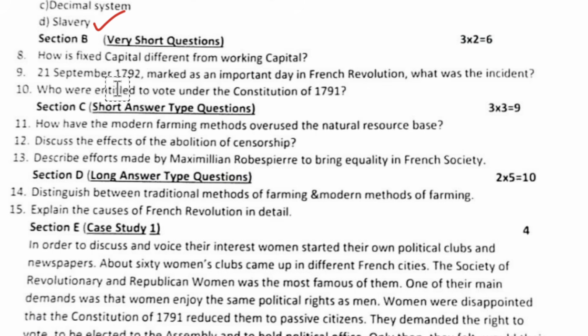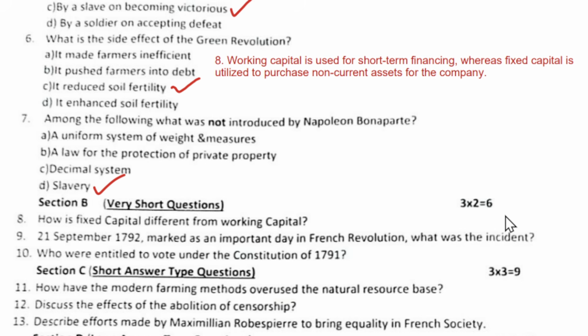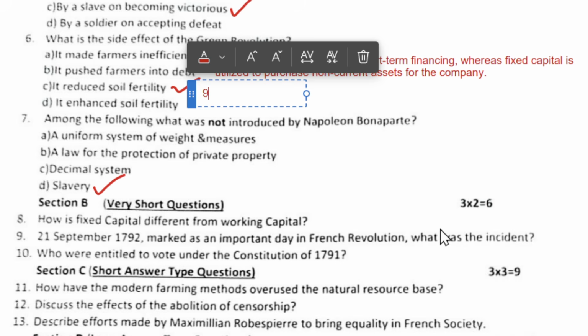21st September 1792 marked an important day in French Revolution. What was the incident? Okay, I'm going to write the answer for the ninth one. So it is a Republic of France. You can write the monarchy was abolished on 21st.